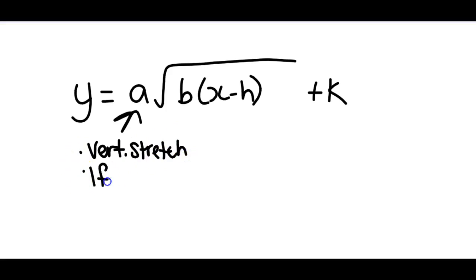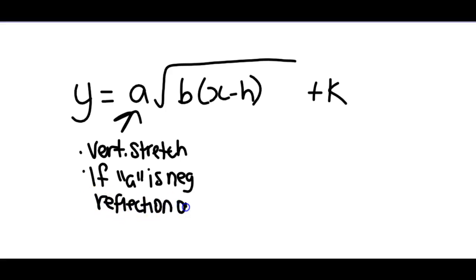If a is negative, then that means that we have a reflection on the x-axis. So we're not learning anything new here, it's just in a different kind of equation because it has a root. But it's the same thing.